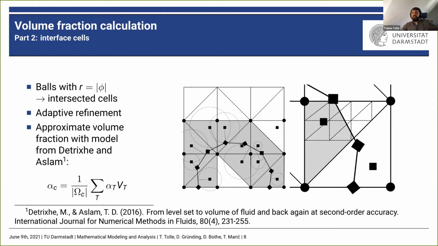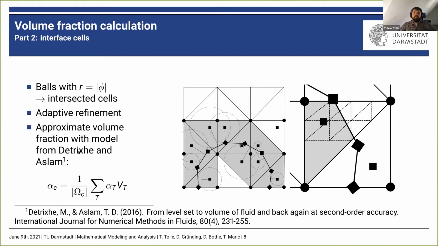Here we'll just outline briefly the details of the approximative procedure. We first identify those cells which might be intersected by the interface by computing bounding balls. These are decomposed into tetrahedra, depicted here as triangles, and further refined until a suitable decomposition is found.